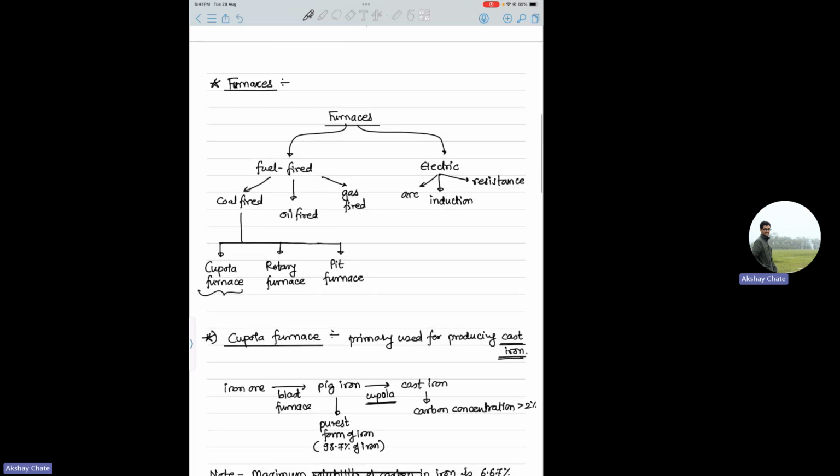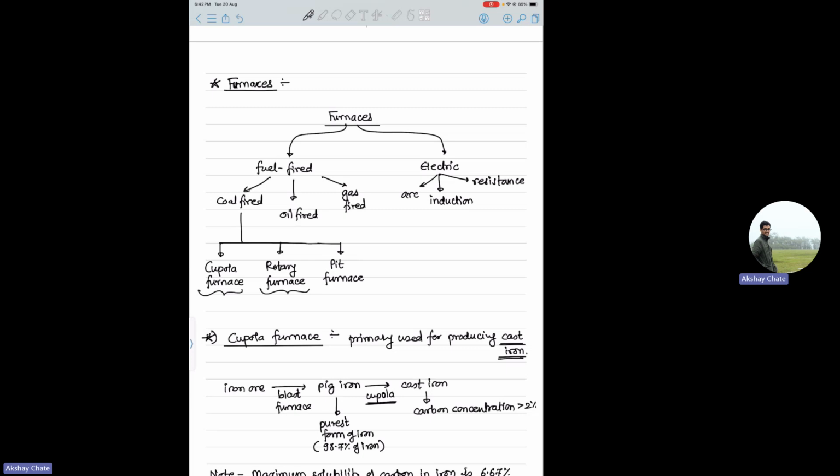So then you have the rotary furnace. See, it's nothing different. As the name suggests, it's basically a cupola which keeps on rotating. But it's not strictly a cupola, because you cannot have such high temperatures and keep on rotating those things. So basically, these rotary furnaces are used for aluminum scrap or any other scrap. These are like recycling furnaces.